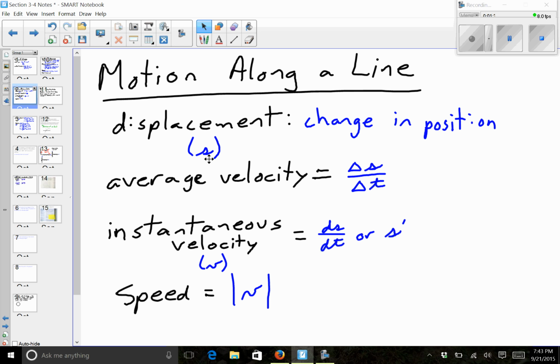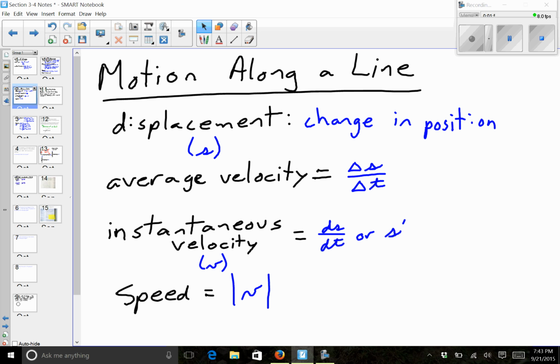Well, then average velocity is what you're used to from science, with change in displacement over change in time. But when we want to find instantaneous velocity, that's going to be the derivative of displacement. So it's the instantaneous rate of change of displacement.